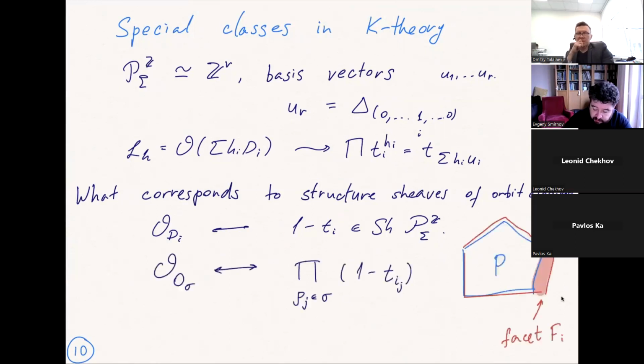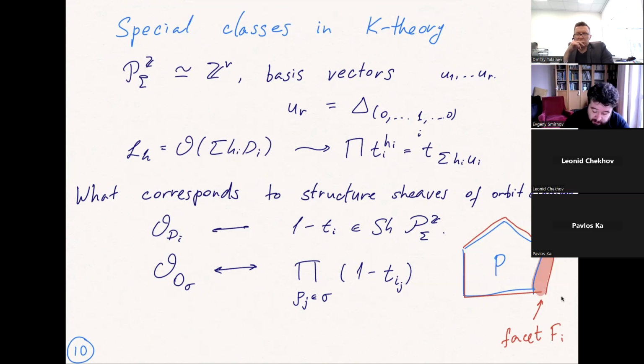So if I take a polytope, let's say P, which is drawn in blue here, and if I shift one of its facets just by 1, and if I subtract the smaller polytope, well, the number of integer points is more or less the number of integer points in this facet of this red polytope.